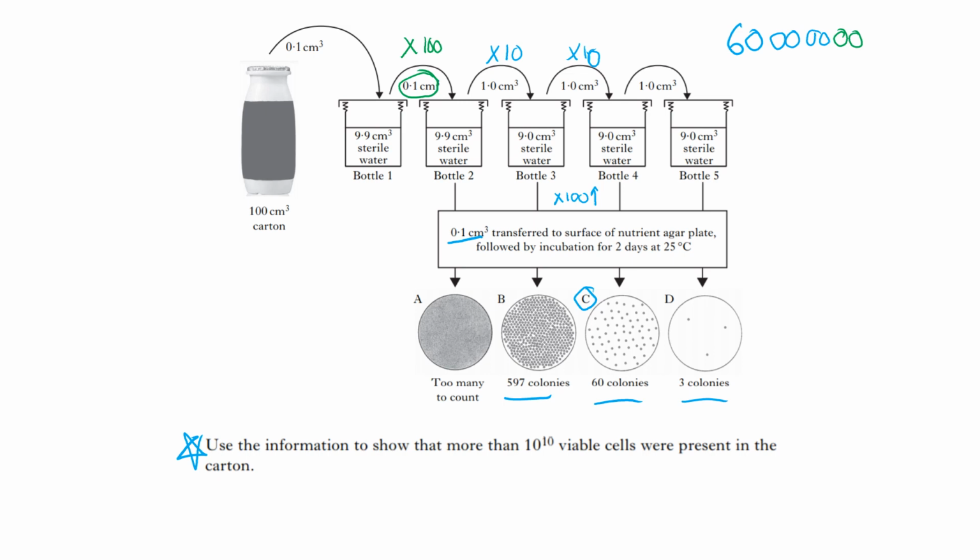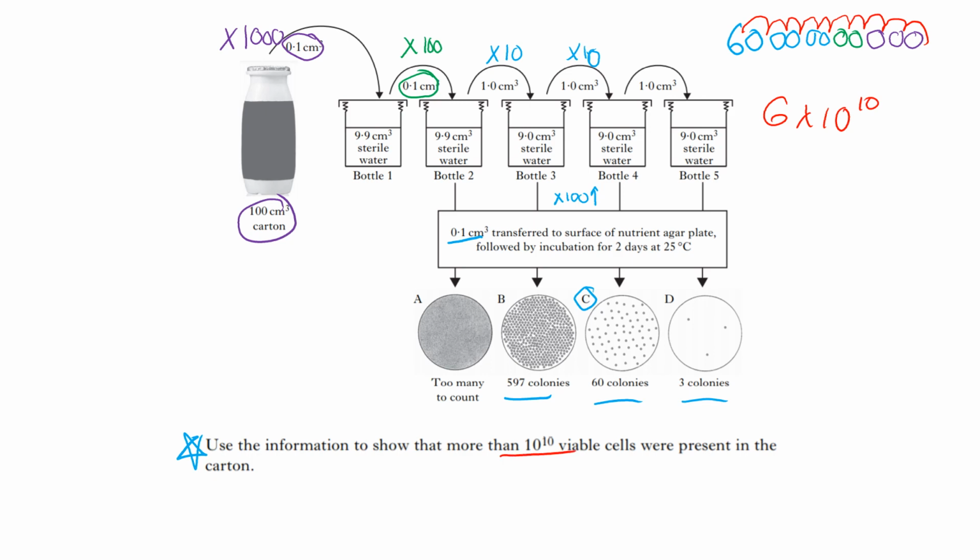And then our final one here is 0.1 out of 100. So that is times 1,000. So when we go back, we have got 1, 2, 3, 4, 5, 6, 7, 8, 9, 10. 6 times 10 to the 10, which is more than 10 to the 10.